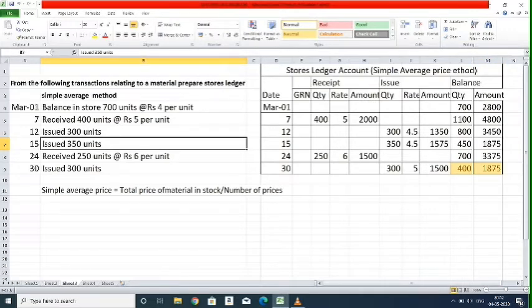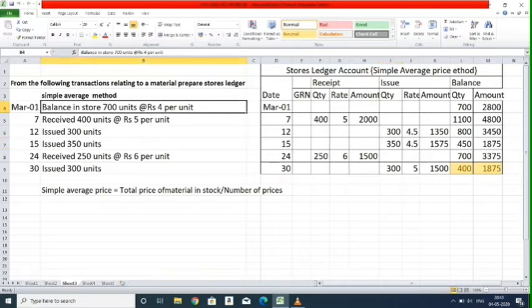March 15, 350 units we are going to issue. Here also, we know our opening balance of 700 units has rate 4, and the 400 units we received have rate 5 per unit. Here also there is no change in our rate. For the 350 units we issue, 4 plus 5 divided by 2 is equal to 4.5. 350 units at rate 4.5, amount comes to 1575.